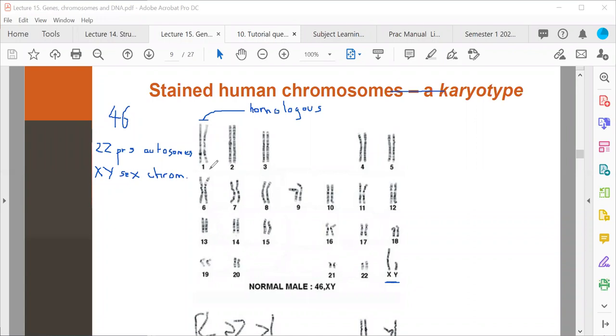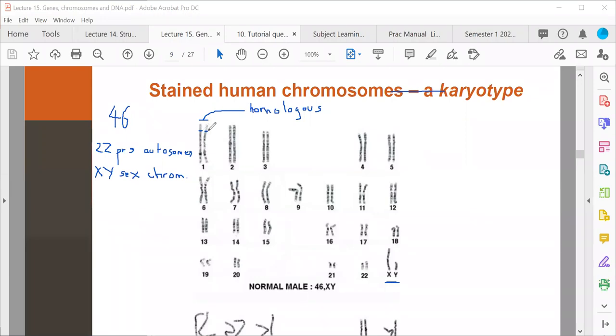They're the same genes in terms of the trait that they control, but they might be a little bit different from each other. As a really simple example, and this is not the case, let's say the gene that controls your eye colour is found on chromosome number 1. And let's say the gene is found here and here.